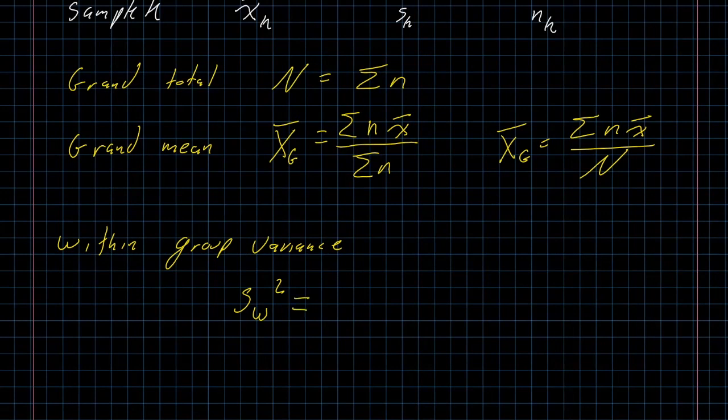So it shouldn't be surprising to you that I'm going to use a slightly strange weighting of n minus 1 times little s squared. Although when you think about it, little n minus 1 makes sense. That is something that shows up in the standard deviation formula. So that's why we're using that as our weighting. And then we're going to divide by the sum of all of the n minus 1s.